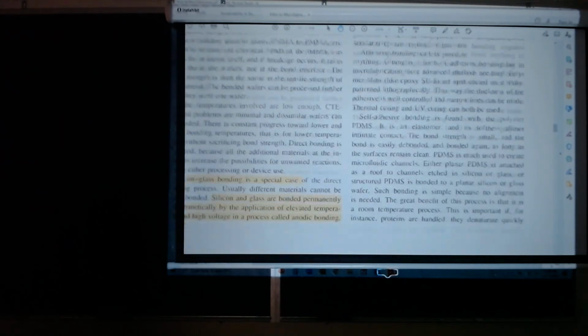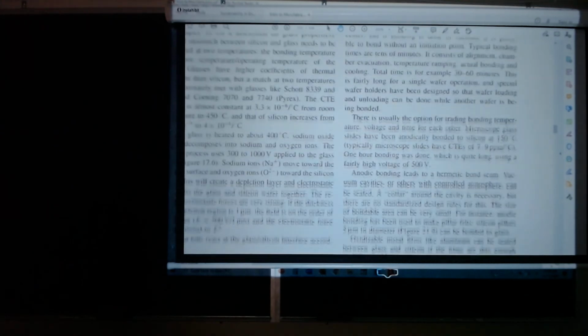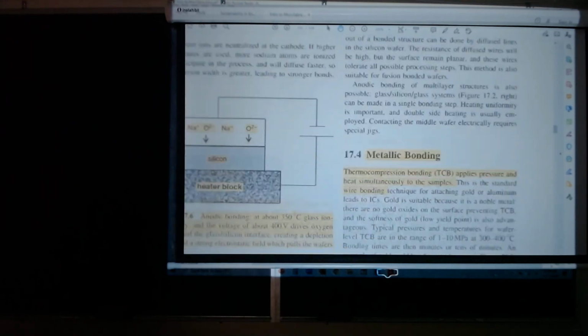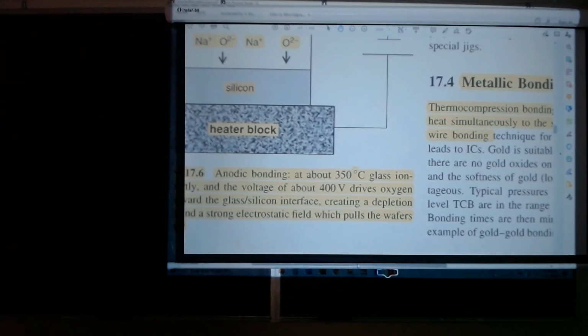That leads us to primarily metallic bonding, which is section 17.4, the one I know most about and can give you the most guidance on.